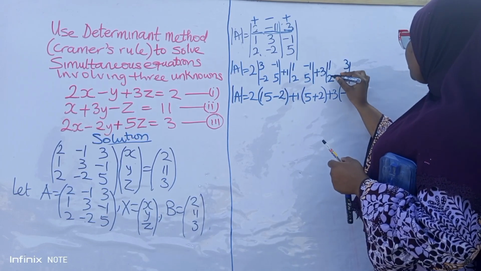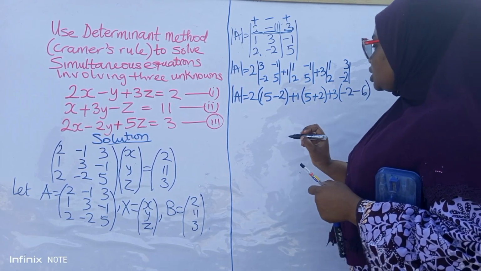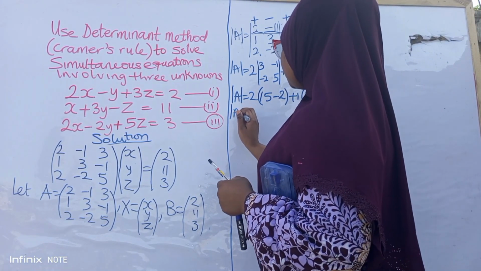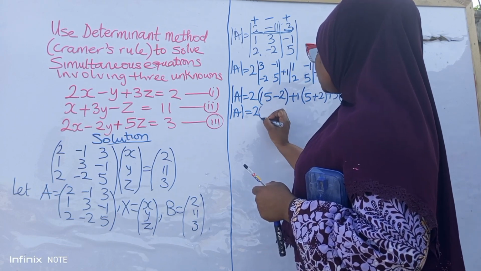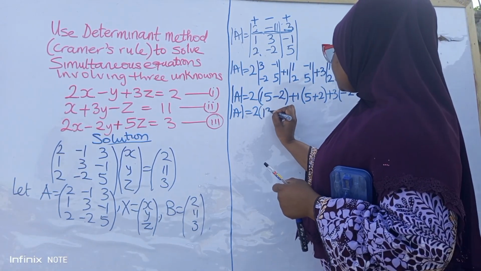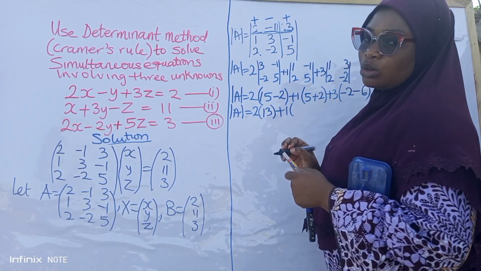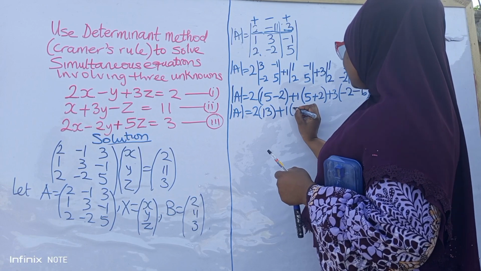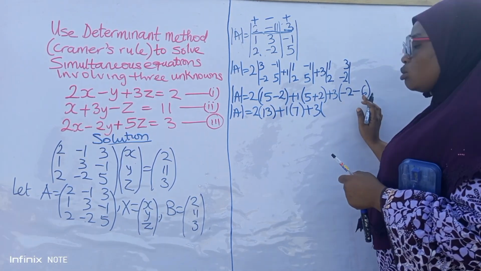Then 2 multiplied by 3 gives 6. So minus 6. So now the determinant of A will be equal to 2 multiplied by, this is 15 minus 2, that is 13, plus 1, then 5 plus 2, that is 7. Plus 3, minus 2 minus 6.